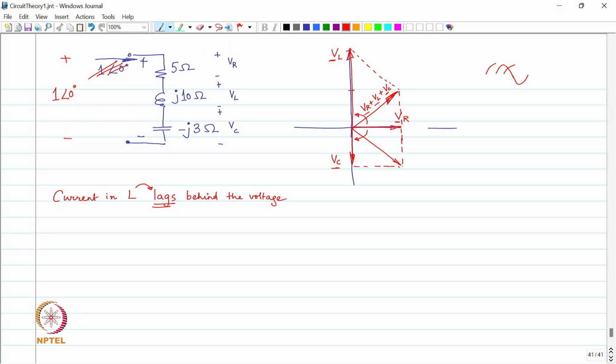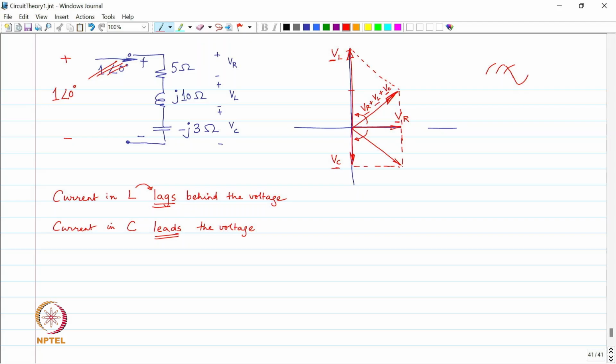Fine. Unfortunately, this L is not going to work so well in the next statement. The current in the capacitor leads the voltage. All right, these are the two statements used.